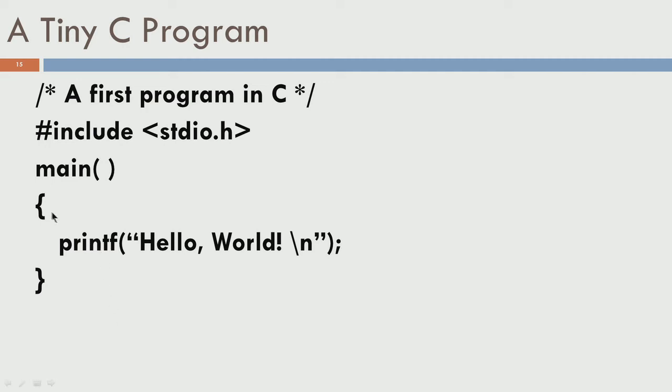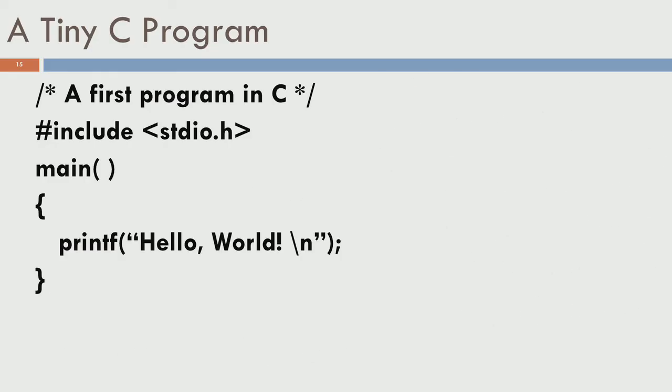So, watch the mouse pointer, we have a function called main, and within the braces we have a single statement called printf, and printf seems to be taking this hello world. So, this has been a custom for a while now. Almost every programming language book that you go to will teach you how to printf hello world.